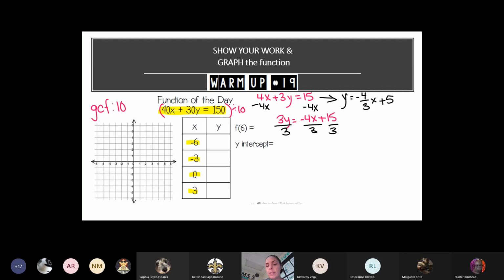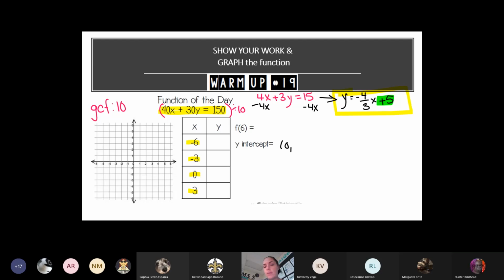So I'm going to erase this just for a moment, because now that I have my equation in slope-intercept form, I can use that to answer all the key parts for my function of the day. So my y-intercept is going to be my positive 5.